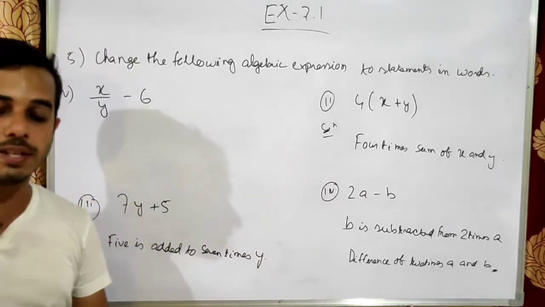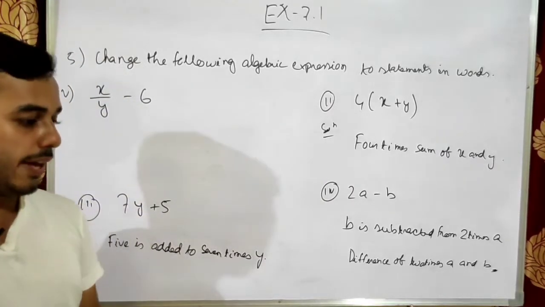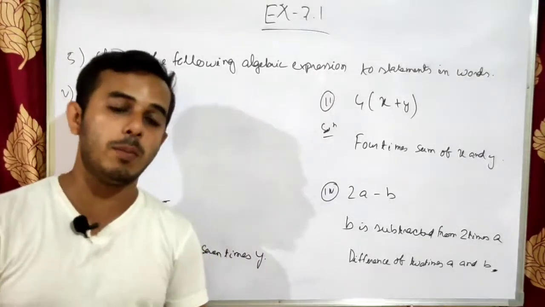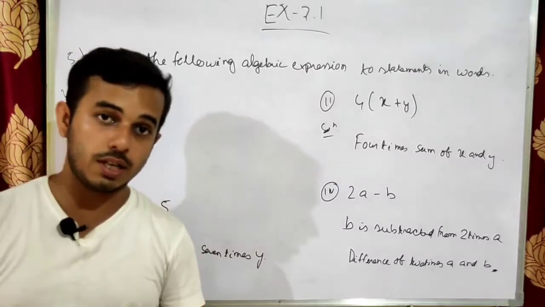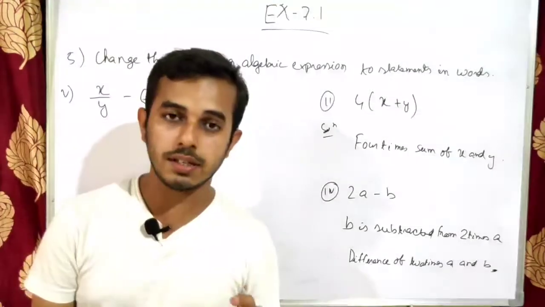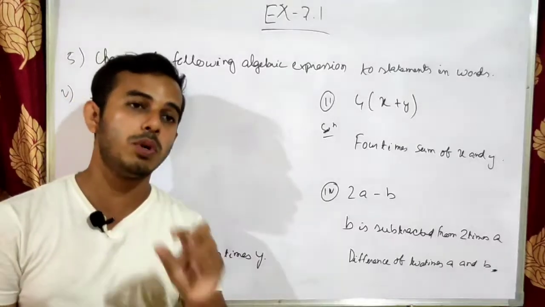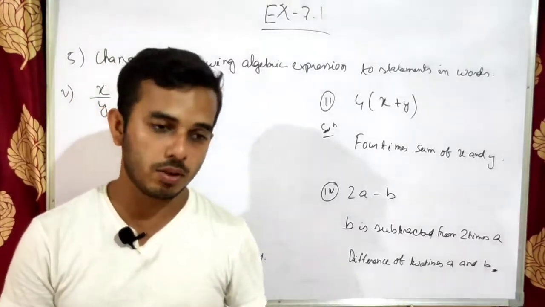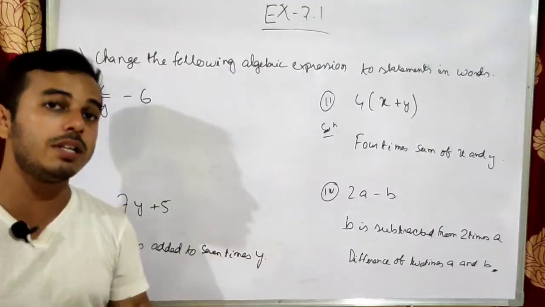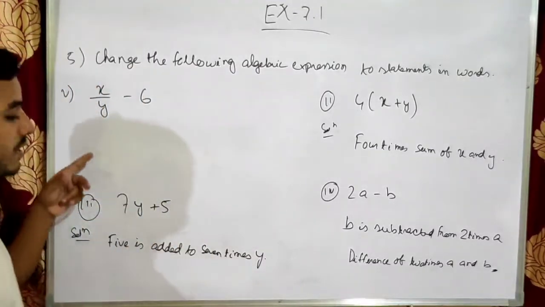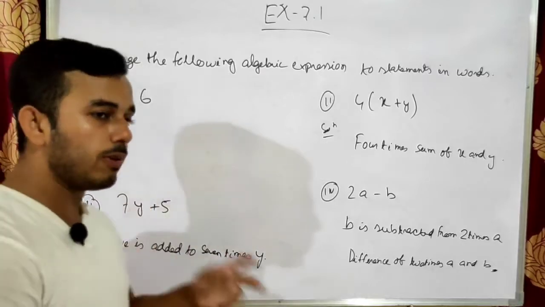When we divide one number by another, the result is the quotient. The number by which we divide is known as the divisor, and the number which we divide is known as the dividend. Our result is the quotient. So here after dividing x by y, the result will be the quotient, isn't it?